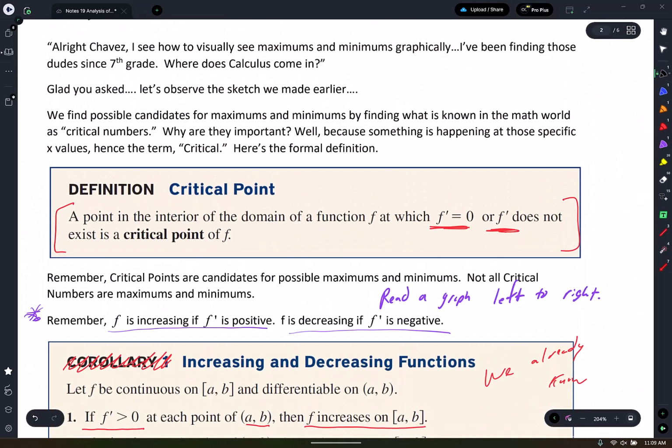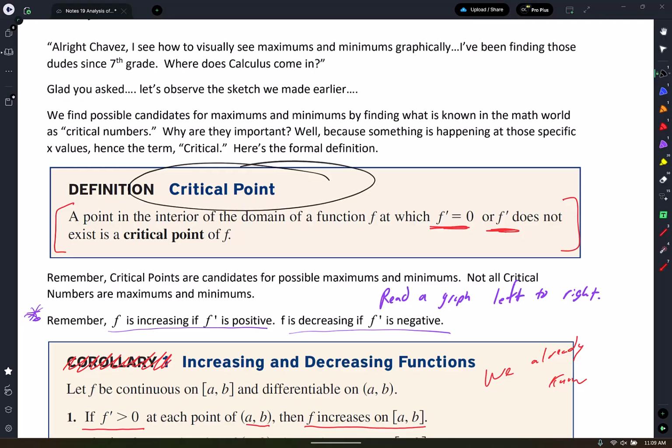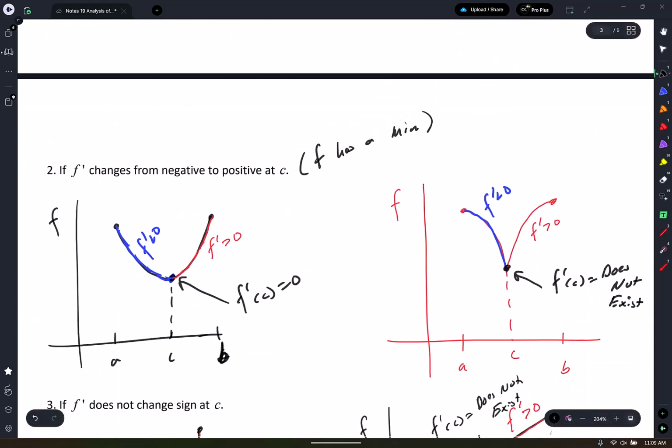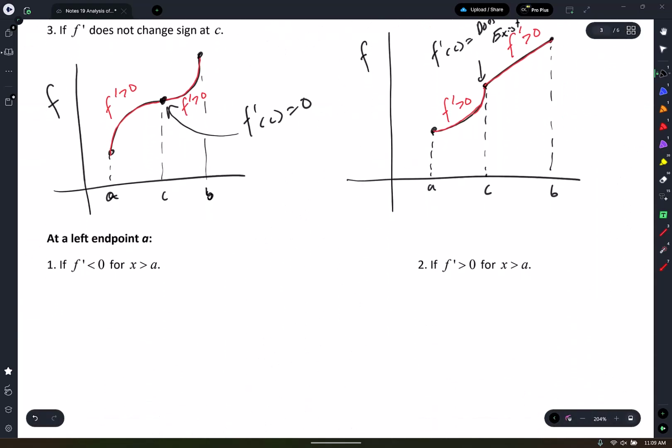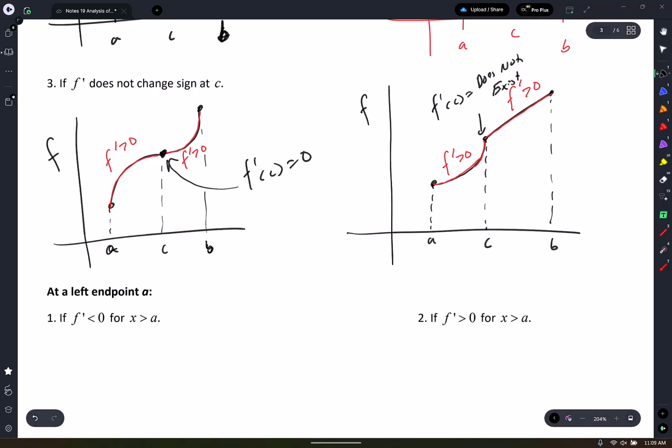So what does it mean if the derivative is 0 or undefined? You're going to say that's a critical point. All right, how do we feel? If the derivative is 0 or does not exist, that is the definition of a critical point.